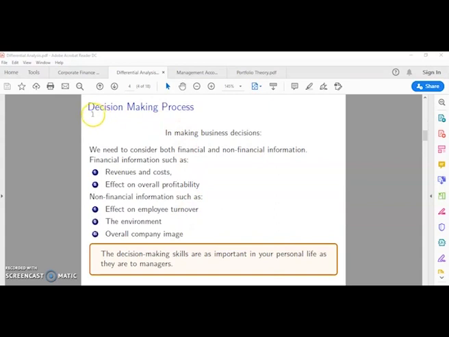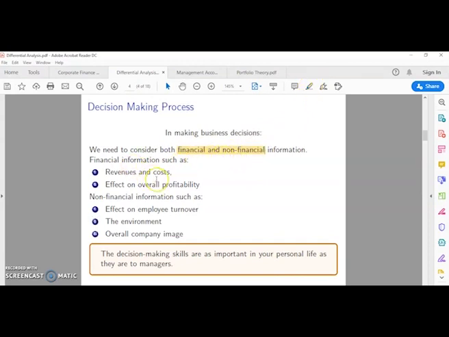So, the decision making process, in fact, when you want to make the decision, we need to follow a specific procedure. So when it comes to a business, in making a decision for the business, we need to consider both financial and non-financial information. This is very important.